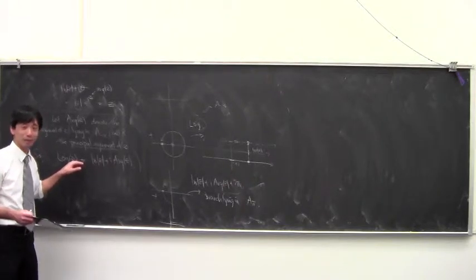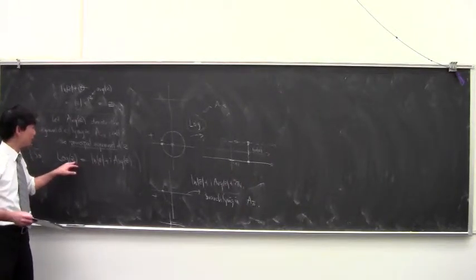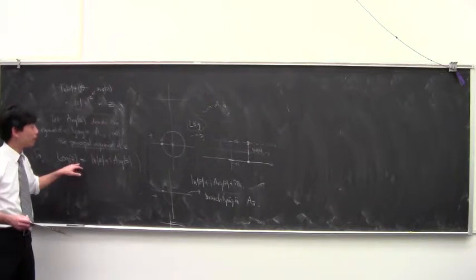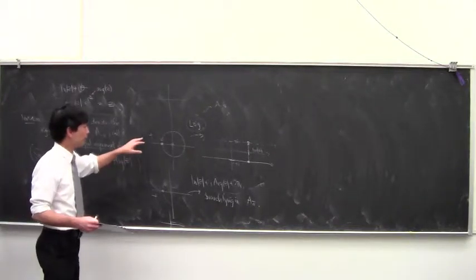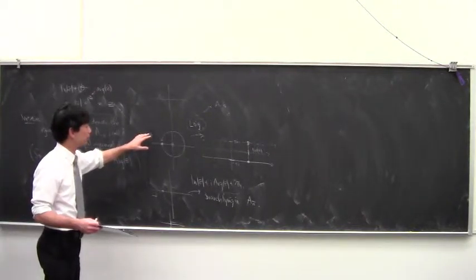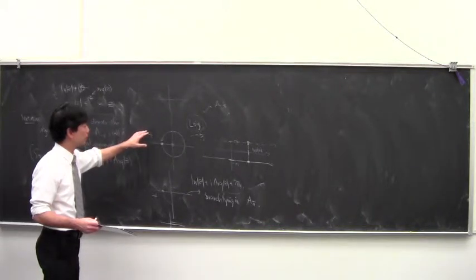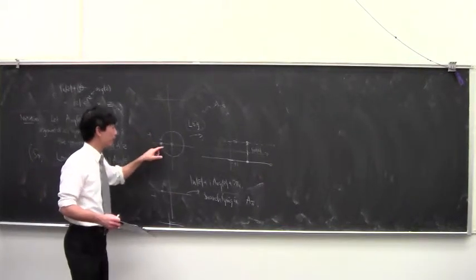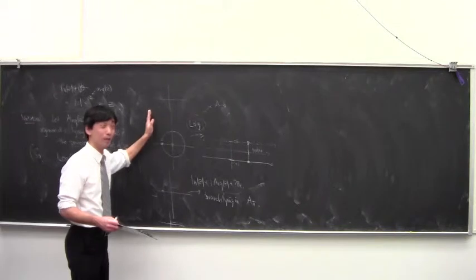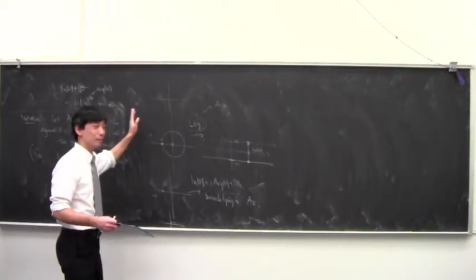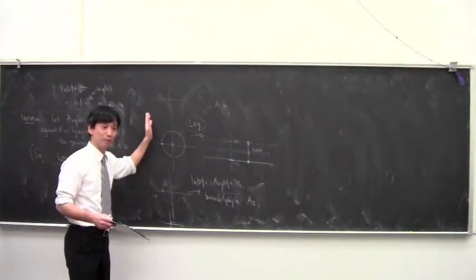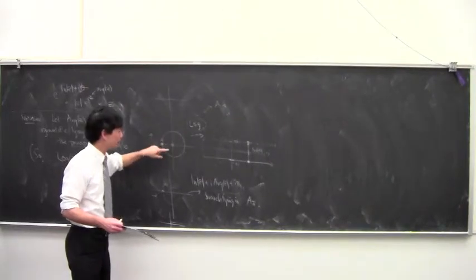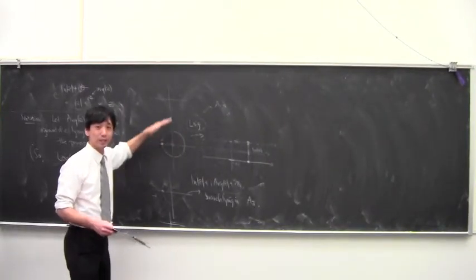So you either think of it like that, or you think of it as assigning one value to each point on this infinite sheeted thing.